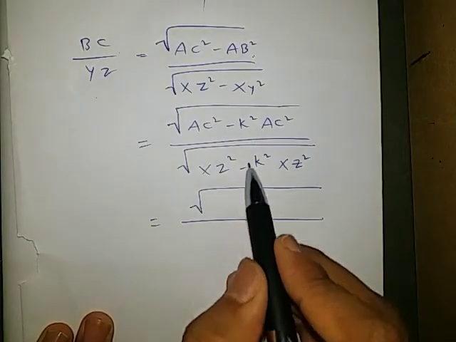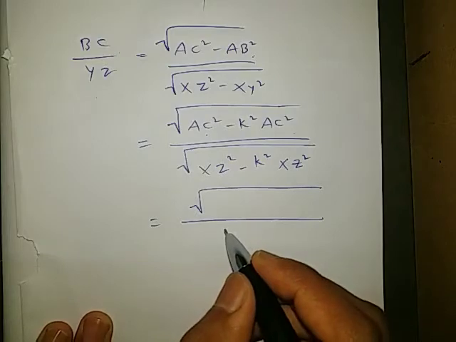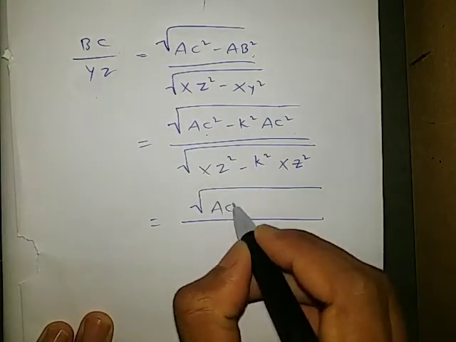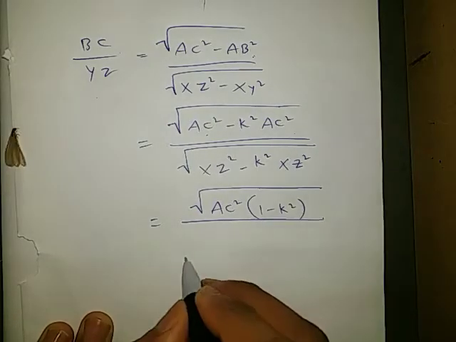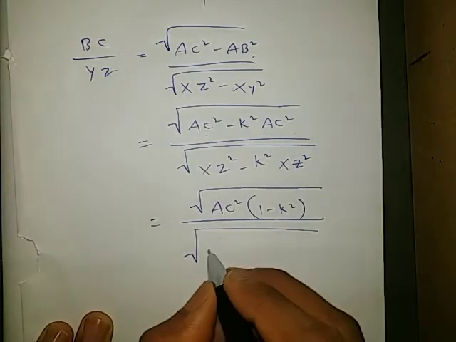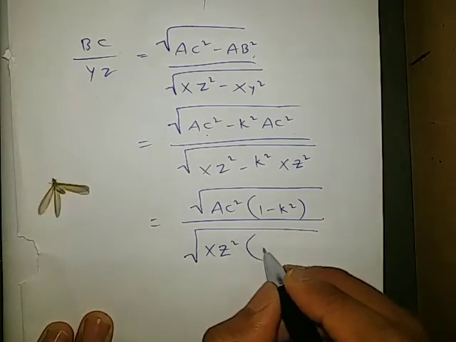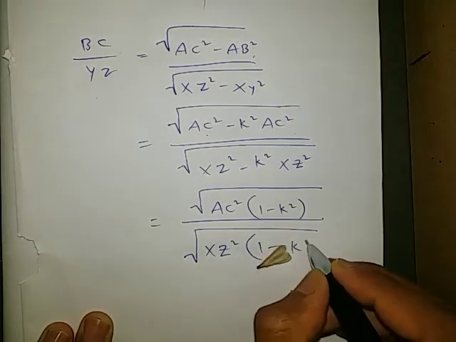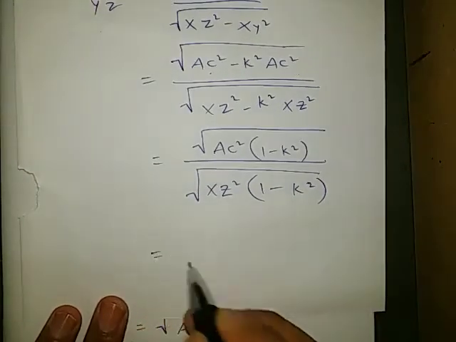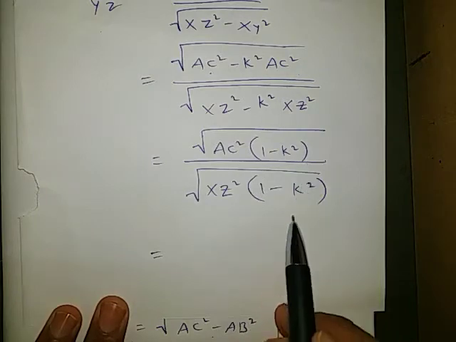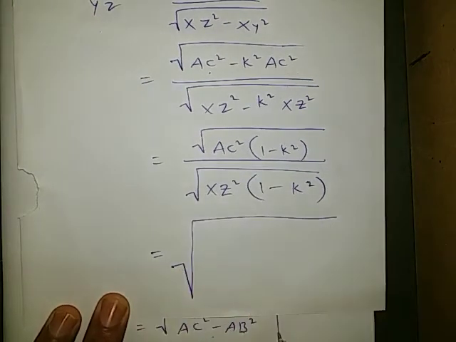From the numerator I will take out AC square common, so we remain with 1 minus K square. The same way, from the denominator I will take XZ square common, so we remain with 1 minus K square. Since the numerator and denominator both have square roots, I will take the total as a single root.